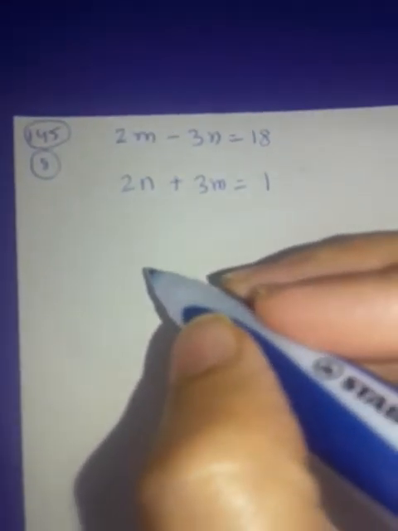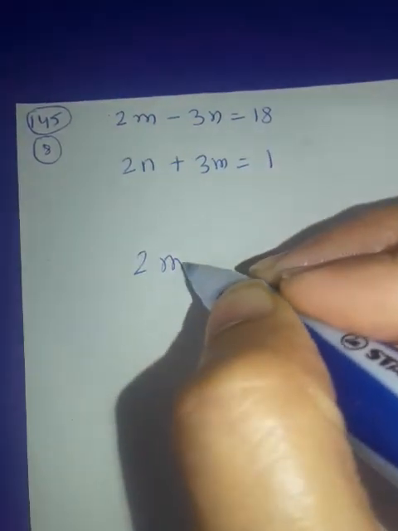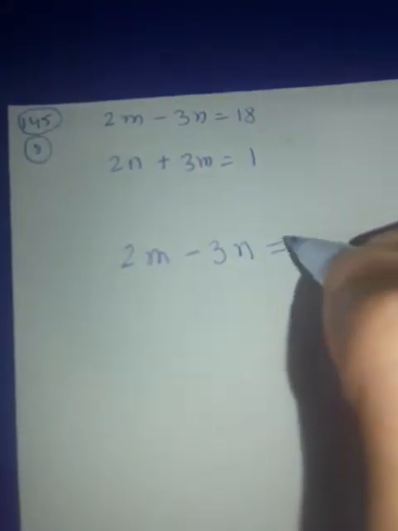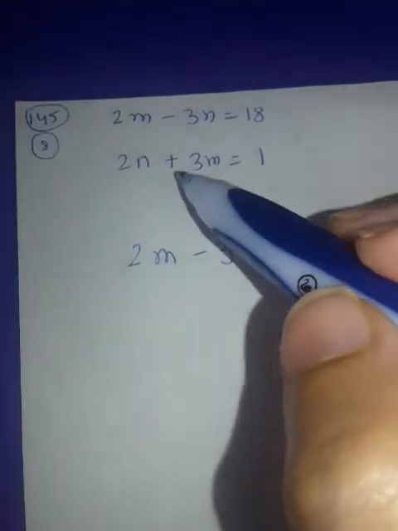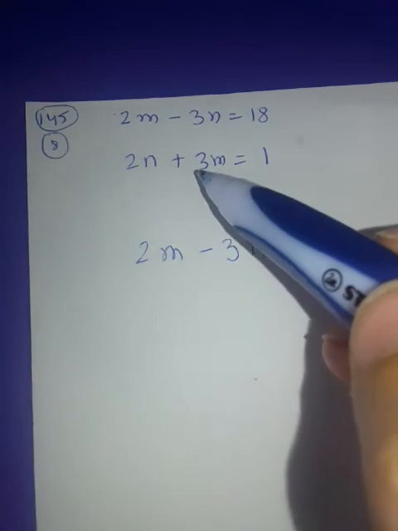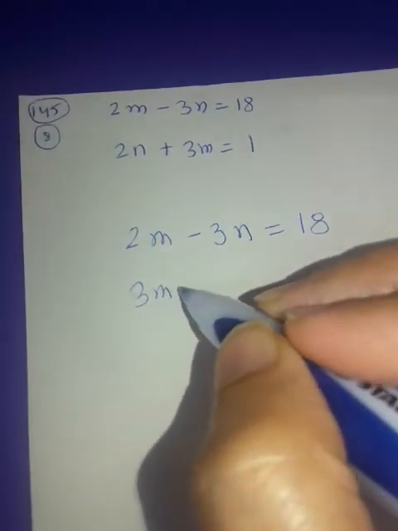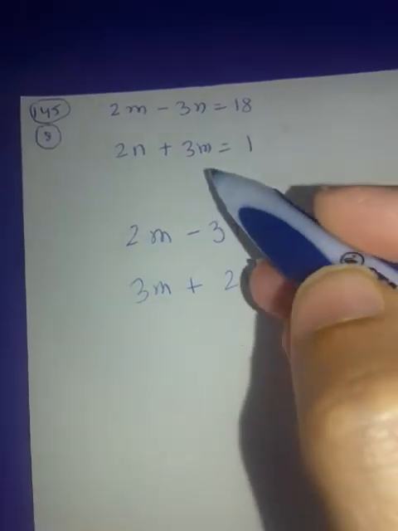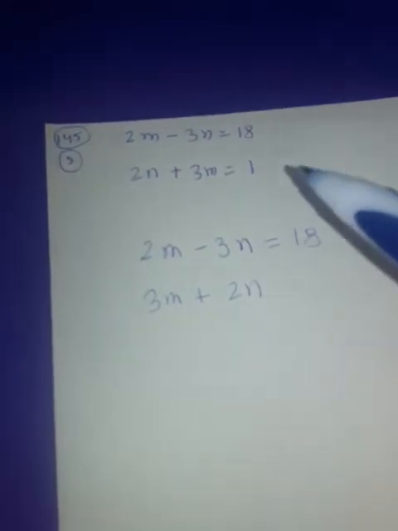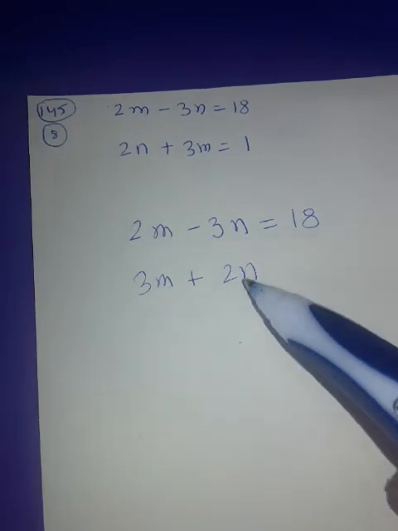So first let us write that. This is our equation 1. So now these places I will interchange. 2n plus 3m. Instead of that I am going to write 3m plus 2n. So now I get m below m, n below n.